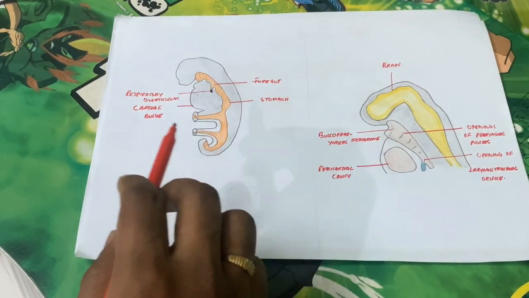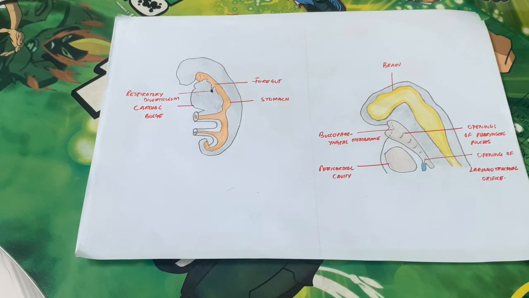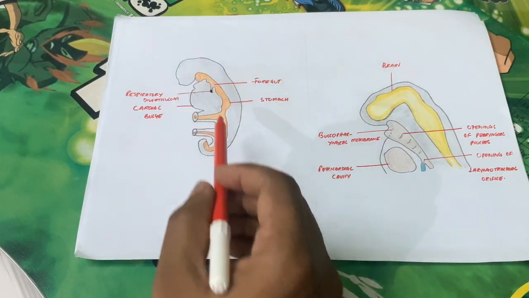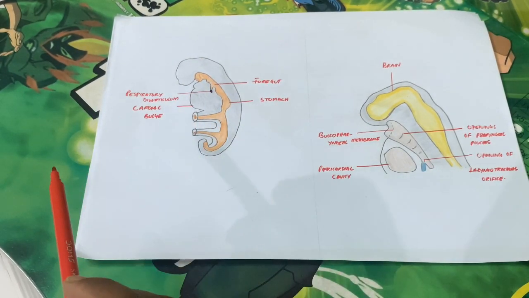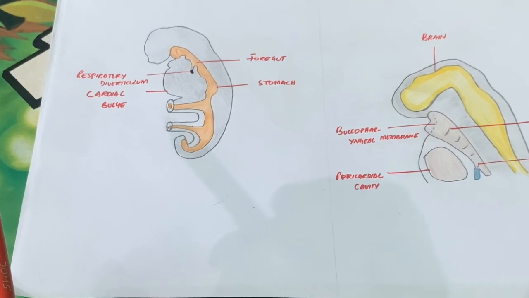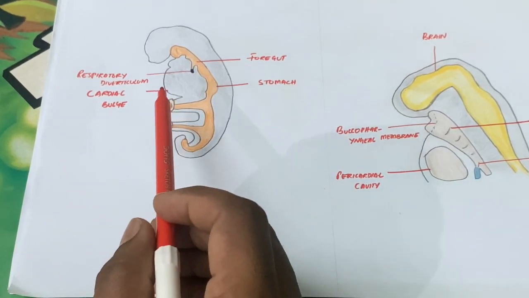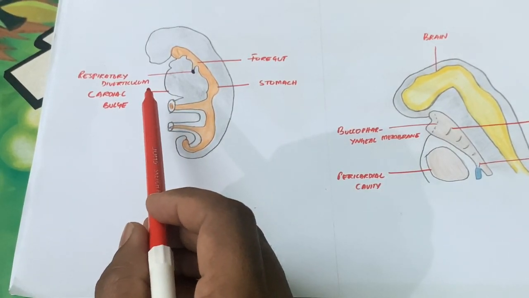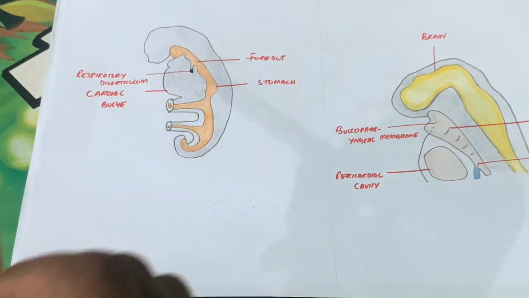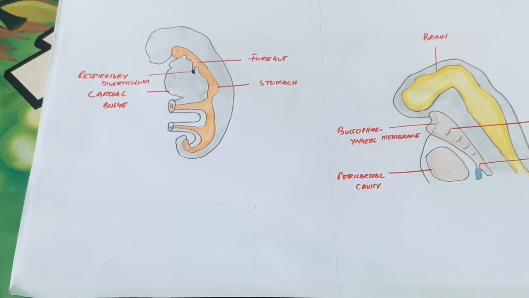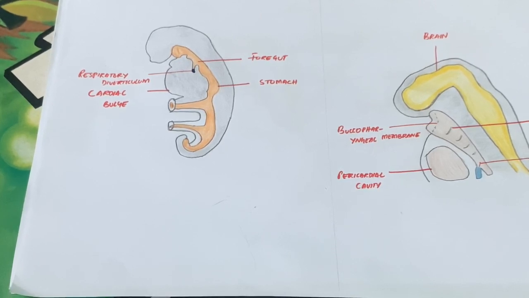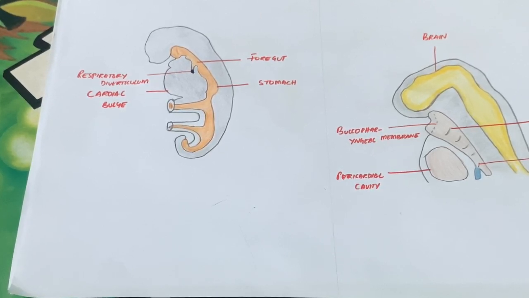This is a 25 day old embryo, and this is the sagittal section, and here is the site of the respiratory diverticulum. I will zoom so that you can see it very clearly. So this respiratory system takes origin from the endoderm.